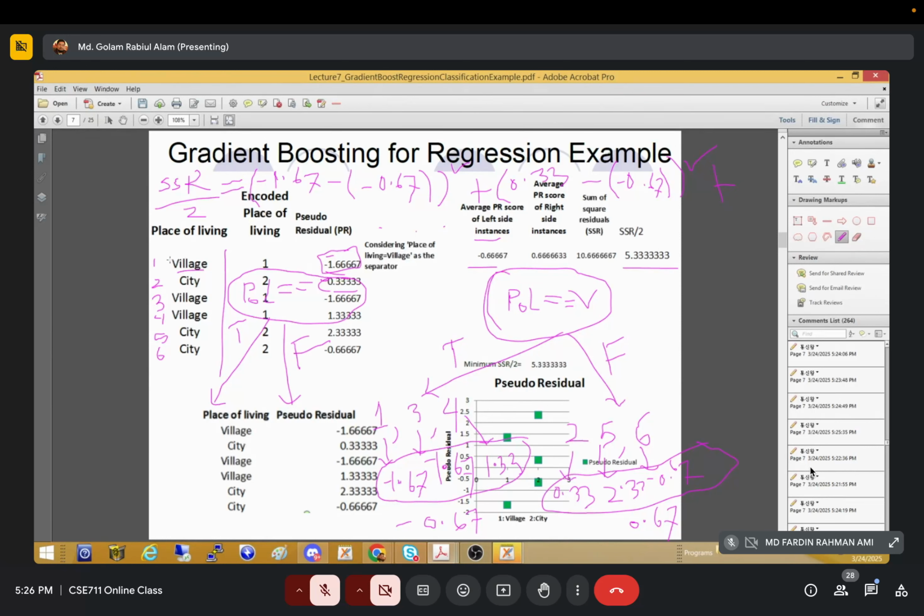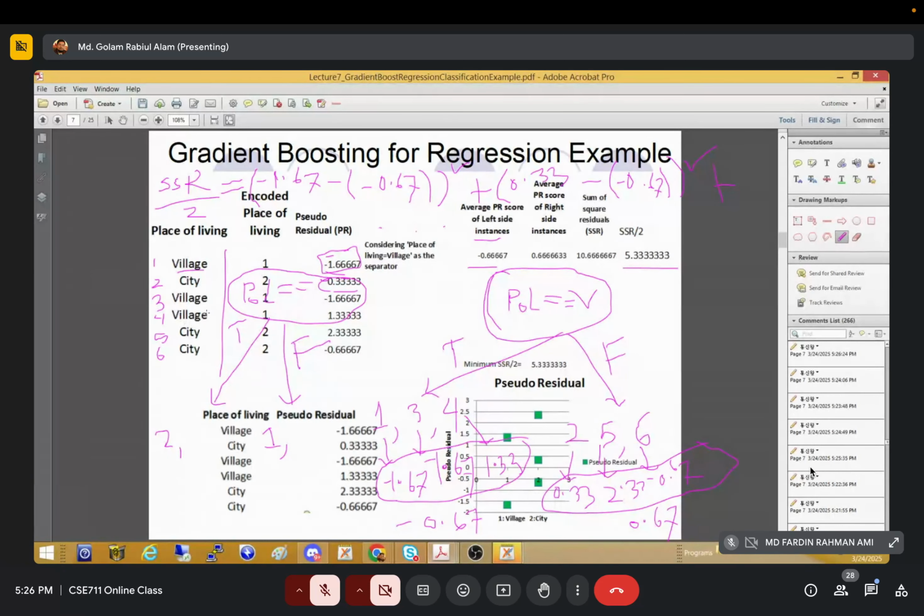So now check the first one. First observation is village. Place of living equal to city? No, it is village, so we will get the one in the false side. Then observation two, place of living equal city? Yes, so two will be in the true side.